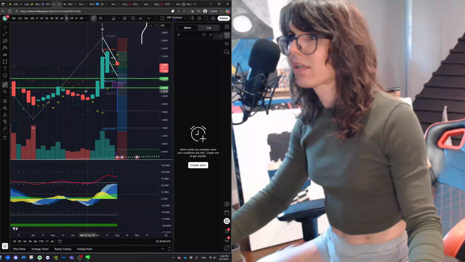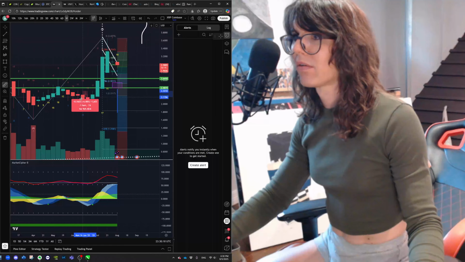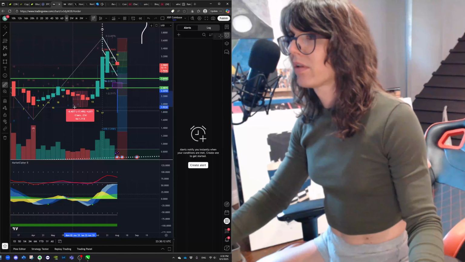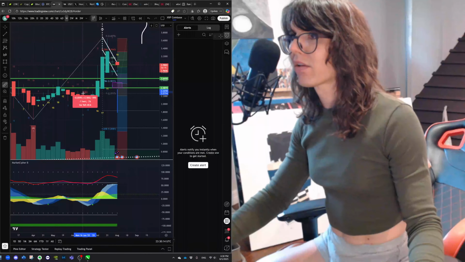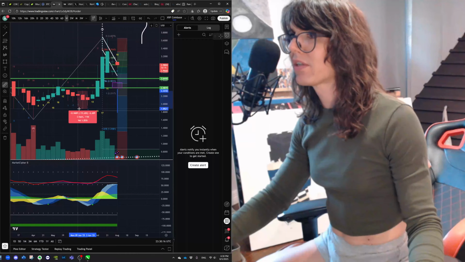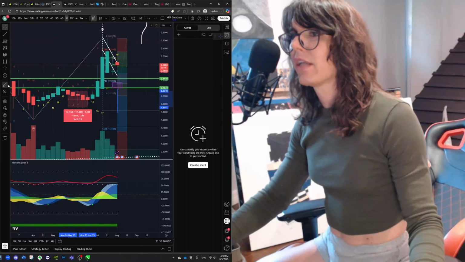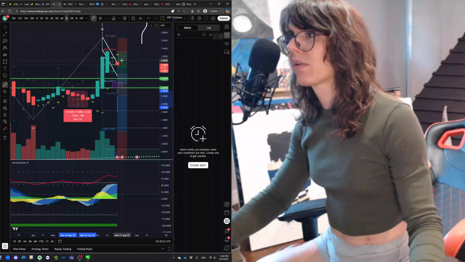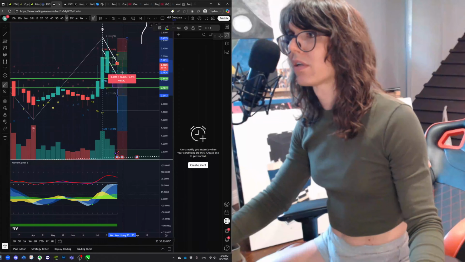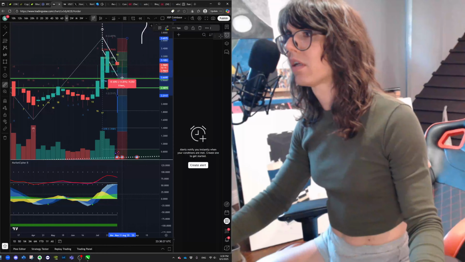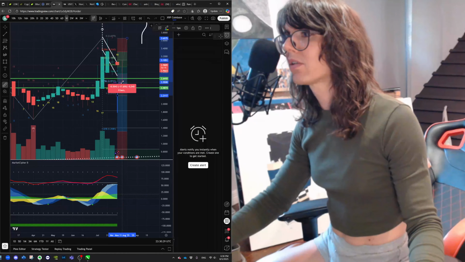Let's say it's a little bit of a larger drop though. This candle right here, the one that my cursor is over, is an 18% drop. So let's say 18%. 10, 13, 15, 16, 17, 18.